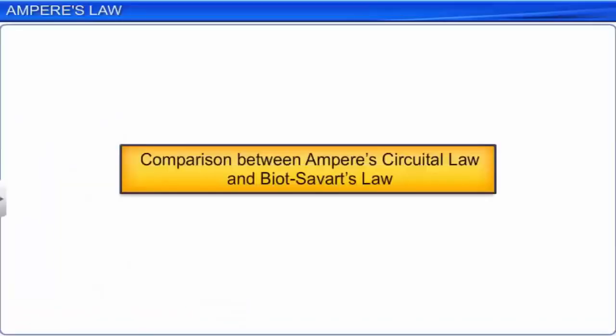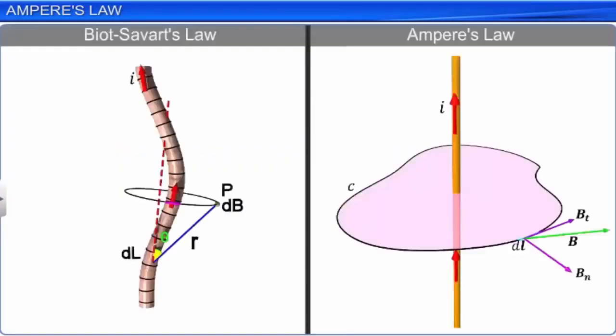Let us now compare the Ampere's law and the Biot-Savart's law. The Ampere's law and the Biot-Savart's law help us to calculate the magnetic field due to the current passing through a conductor. The Biot-Savart's law is similar to Coulomb's law for electrostatics.